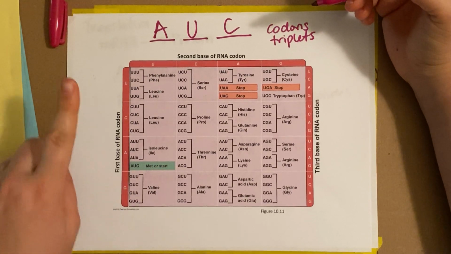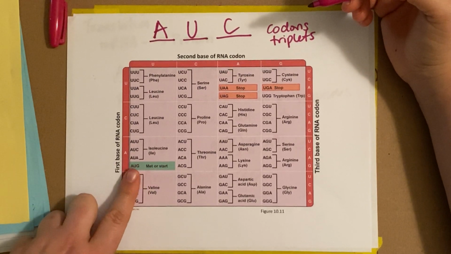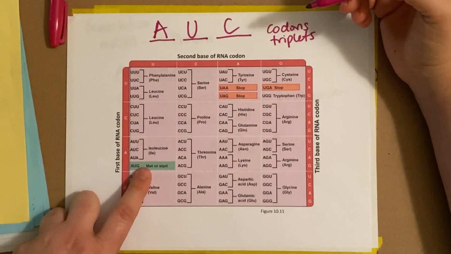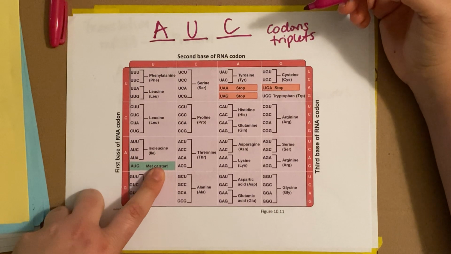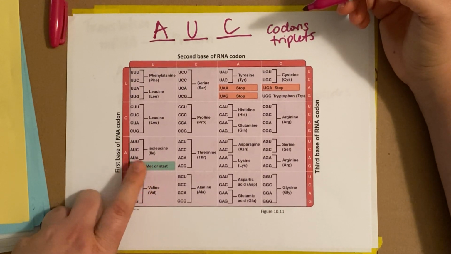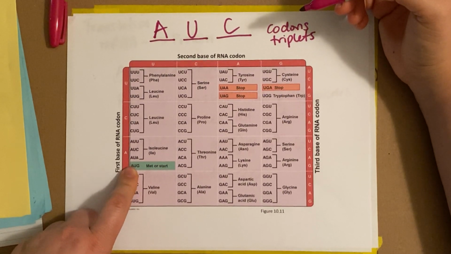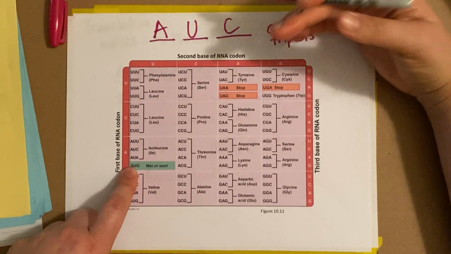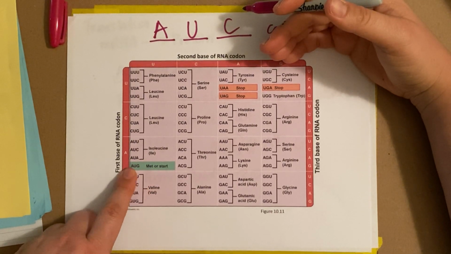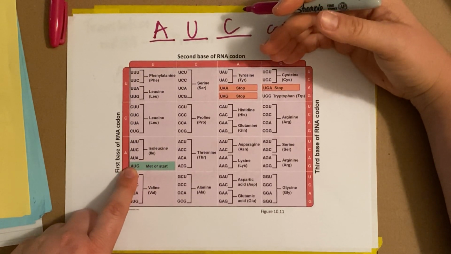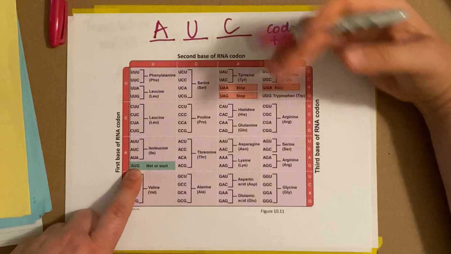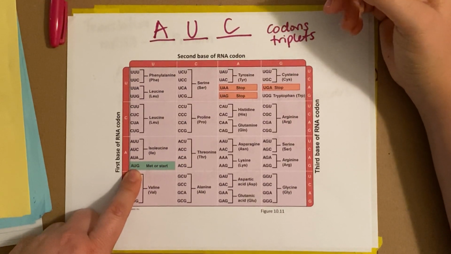We have one other very special codon, and this one is an amino acid. This is AUG, the only codon for methionine, and it is considered the start codon. When I talk about how translation takes place, the machinery that translates these mRNA strands is always looking for AUG, because this is where it knows to start translating.